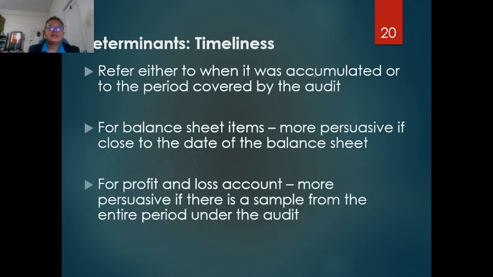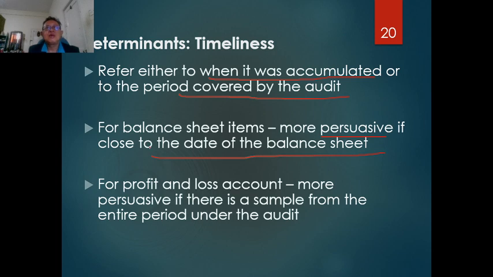So timeliness refers either to when the evidence was accumulated or to the period covered by the audit. Make sure that the evidence was gathered in the particular accounting period that you are going to audit. For balance sheet items, it is more persuasive if it is close to the balance sheet date.